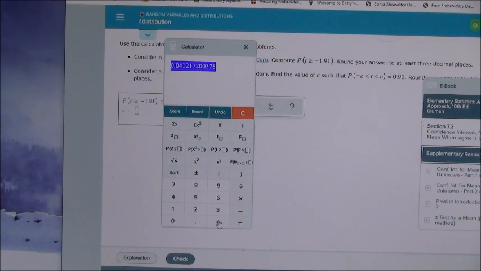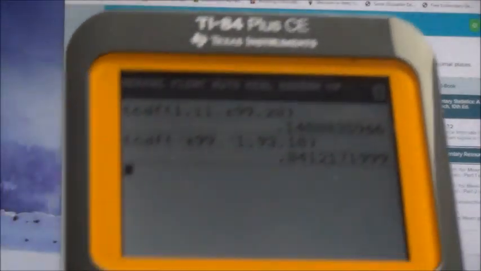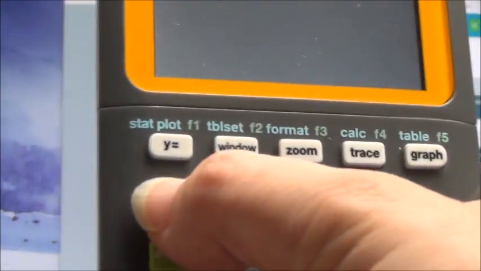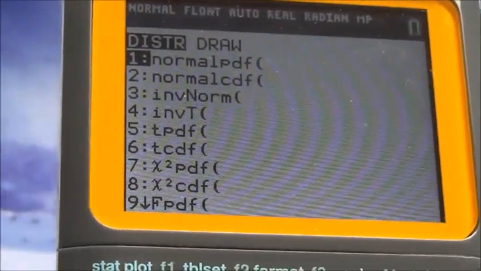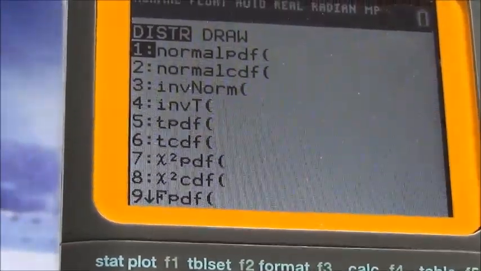If I want to do the area between two numbers, I'm going to grab my graphing calculator again. My area between two numbers on my graphing calculator is a little easier than if I do it on the ALEKS calculator. Again, I'm going to do the TCDF. So I'm going to do my second function button, my VARS button to get my distribution menu, number 6 to do my TCDF.